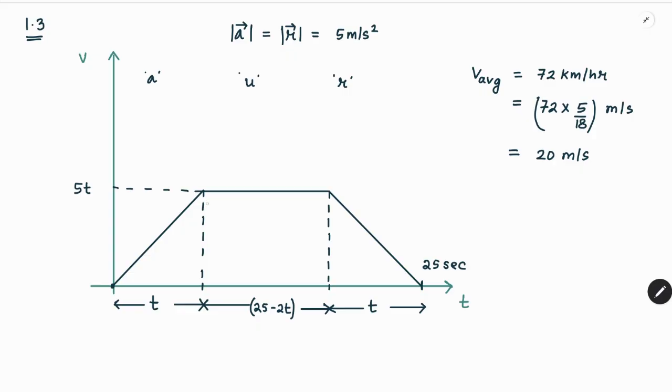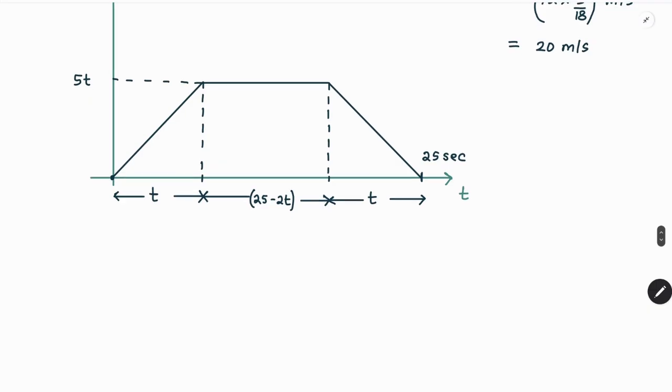If we calculate the total area under this graph, we get the total displacement. The total time of 25 seconds is already known, and total displacement divided by total time will be equated to 20 to get the equation we are looking for. The problem asks how long the car moves uniformly, that is 25 minus 2t, so we need to calculate t. Once we calculate t, we can calculate 25 minus 2t, which is the answer we are looking for.